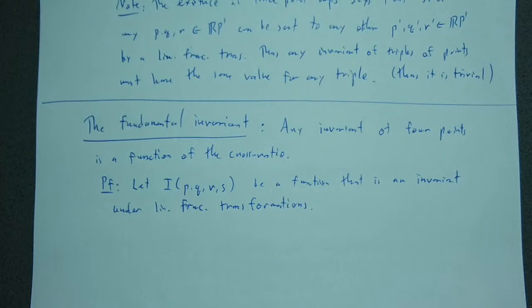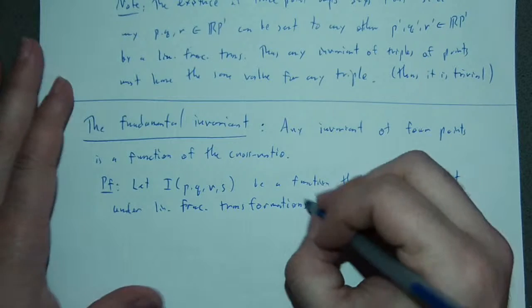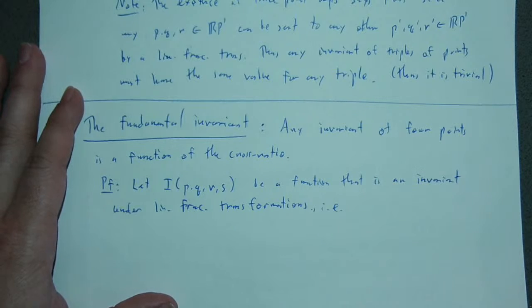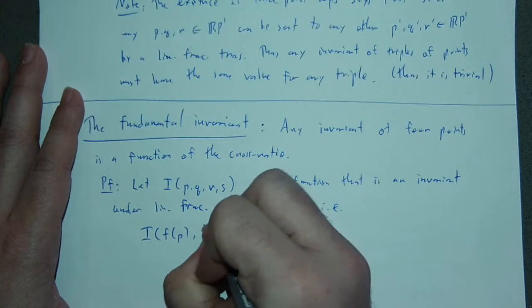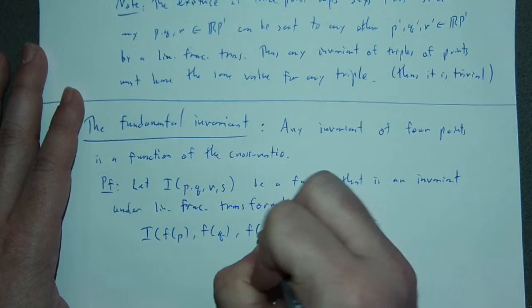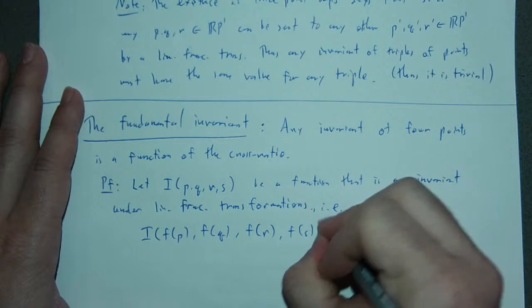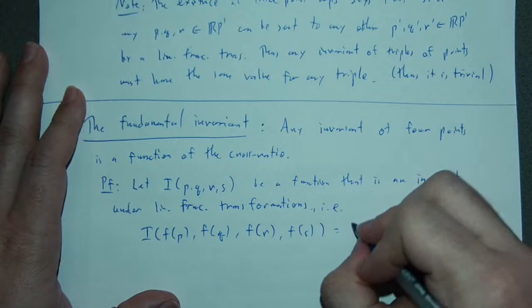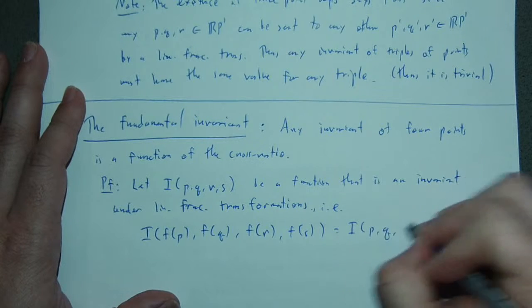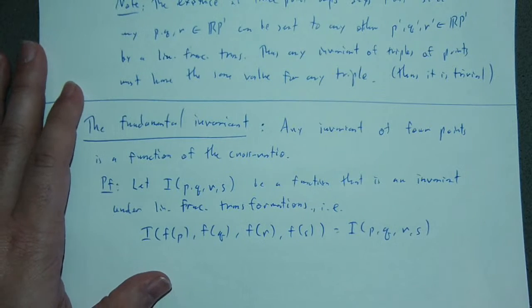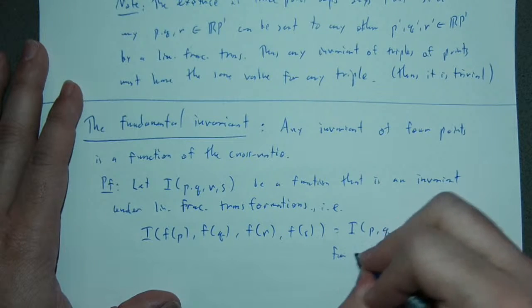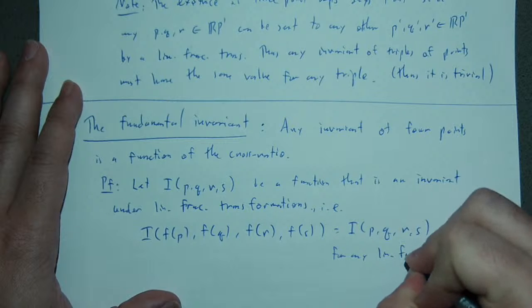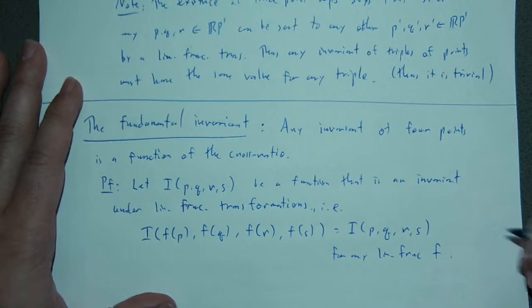Okay. So let I of P, Q, R, S be a function that's an invariant under linear fractional transformations, i.e. I of f of p, f of q, f of r and f of s is equal to I of P, Q, R, S for any linear fractional transformation f, right?